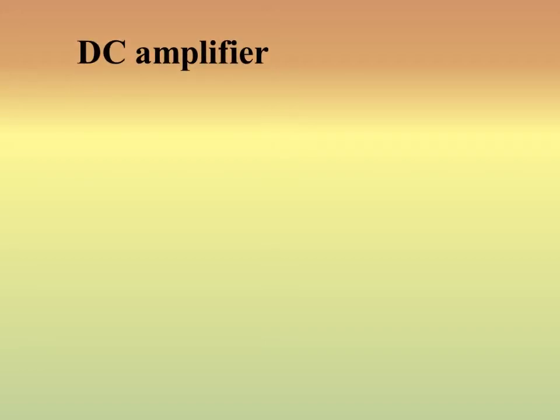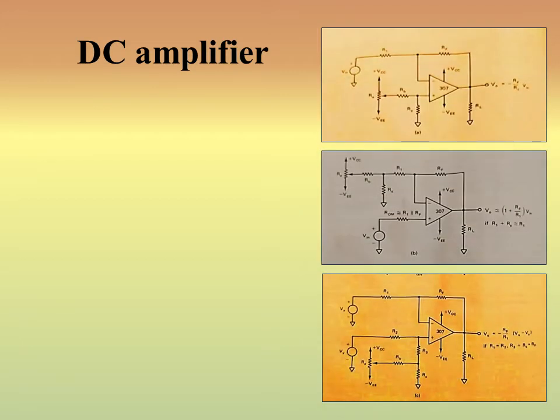Now what happens for a DC amplifier if it does not have points for putting offset null circuitry? In such ICs, see here for IC 307 we can see that there is an additional circuitry applied in all the three configurations.